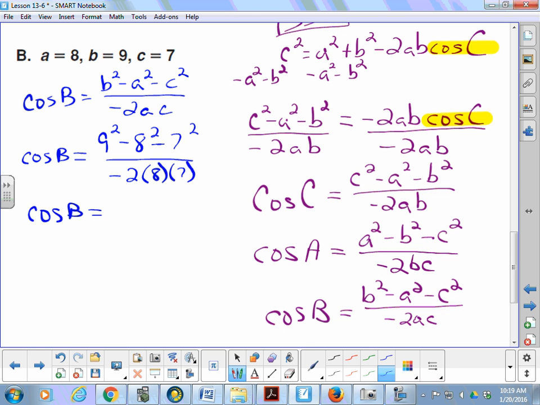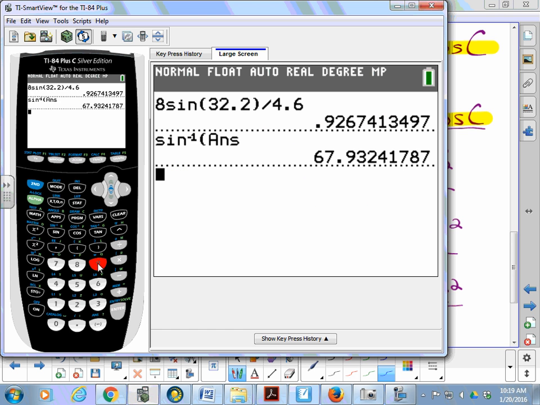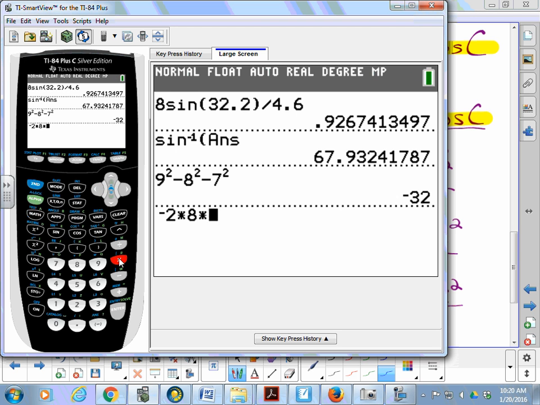So I'm going to take my calculator, do 9 squared minus 8 squared minus 7 squared, and then negative 2 times 8 times 7. So I get negative 32 over negative 112. Well, what's a negative over a negative?